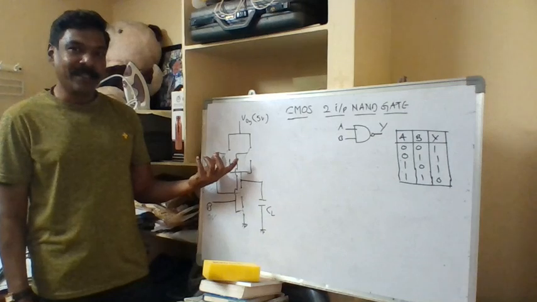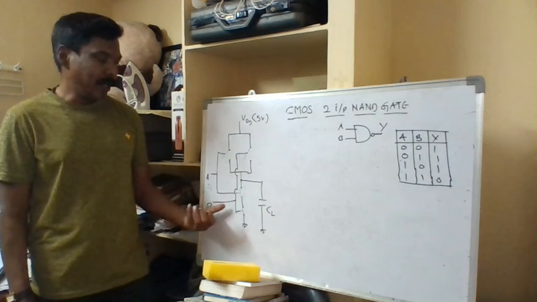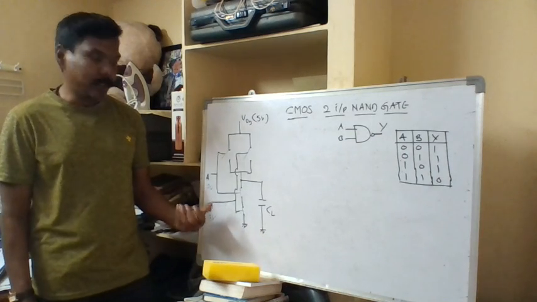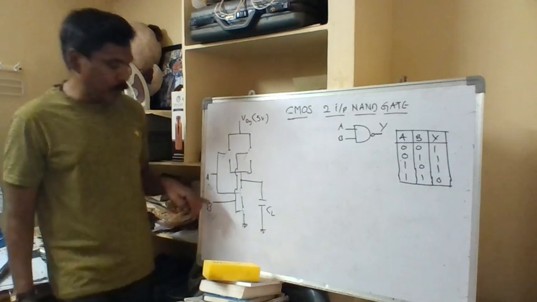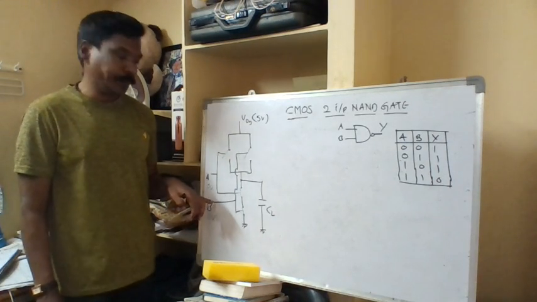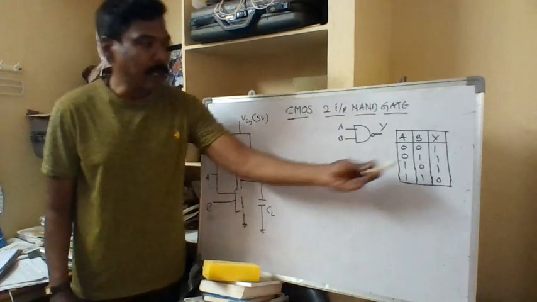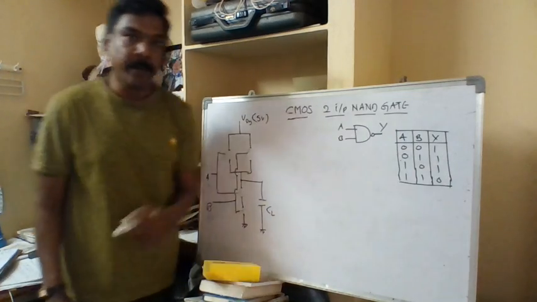The top switches open when the input gate voltage is 0, and the bottom switches close when the input voltage is 0 volts. Now when A is 0 volt and B is 0 volt, that corresponds to logic 0 for both, and the output has to be logic high, logic 1.